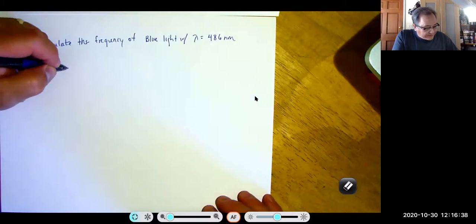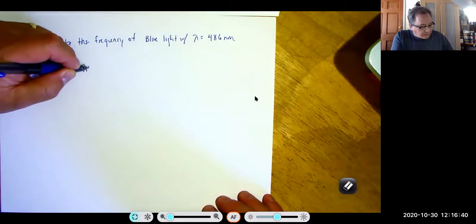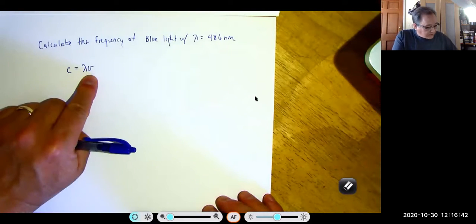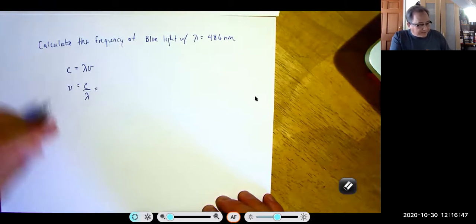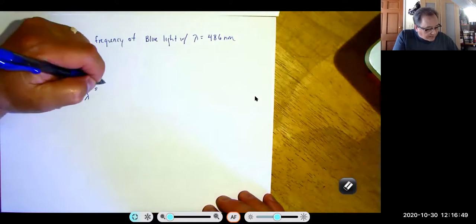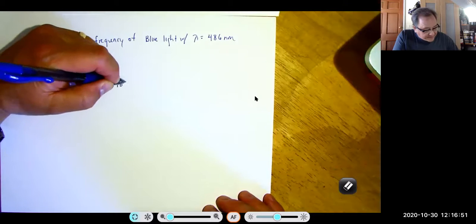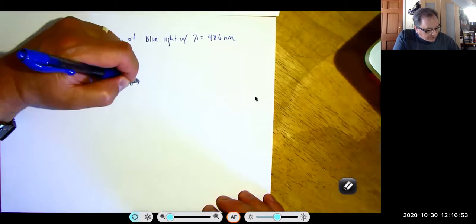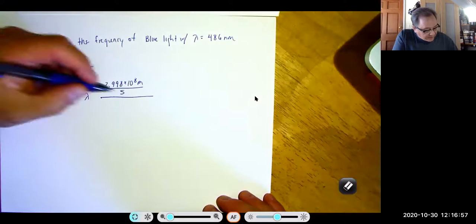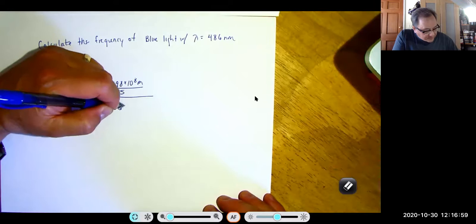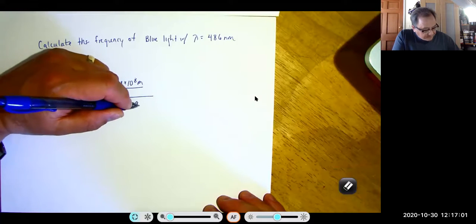So we know that c is equal to lambda nu, and we want the frequency. So frequency is equal to c over lambda, and we plug in these values. So c is 2.998 times 10 to the 8th meters per second. And the wavelength is 486 nanometers. But now look at what I'm doing here.